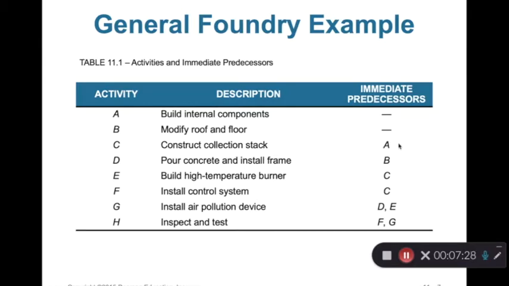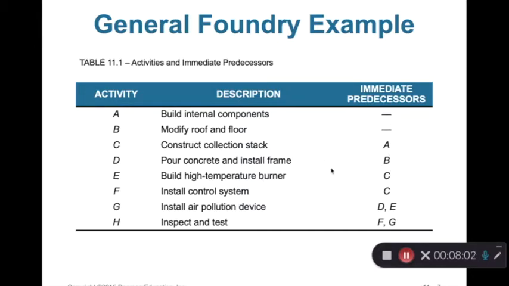But you can see C has an immediate predecessor, A, and D, the poured concrete and installed frame, has an immediate predecessor, B. So in other words, in order to do C and D, you have to finish A and finish B, and then you can start C and D. Right?